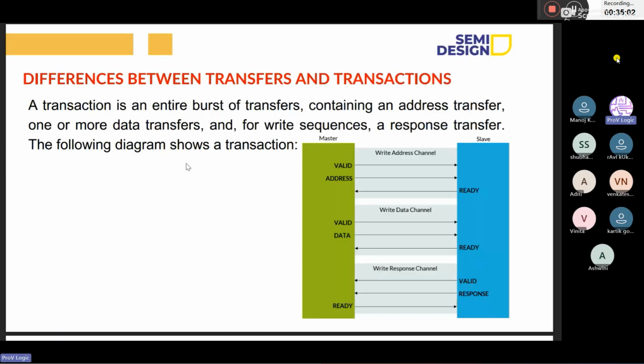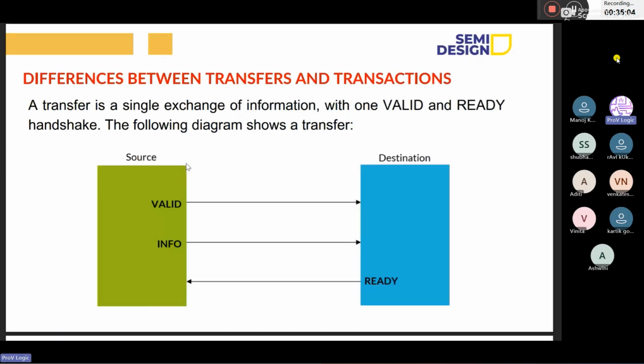So now you will understand the difference between transfer and transaction. As I told, transfer means it's a single beat. Each time there is a valid signal and ready signal.